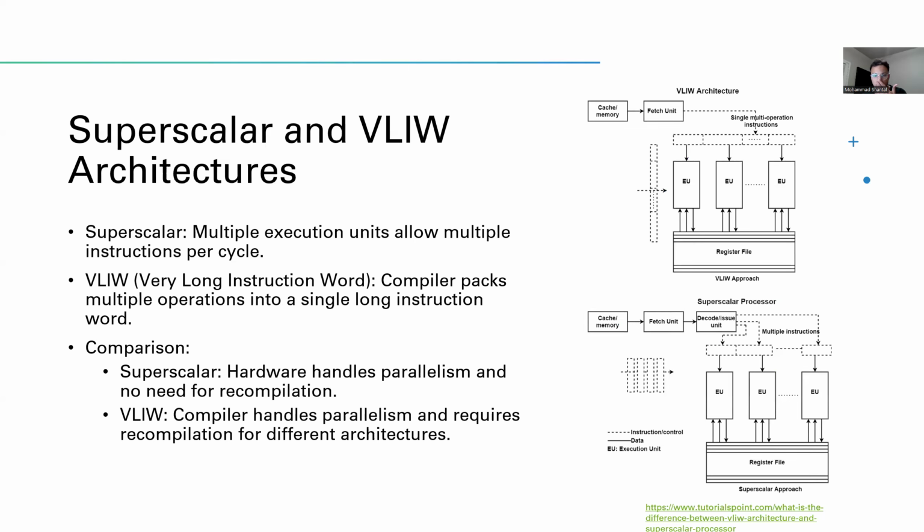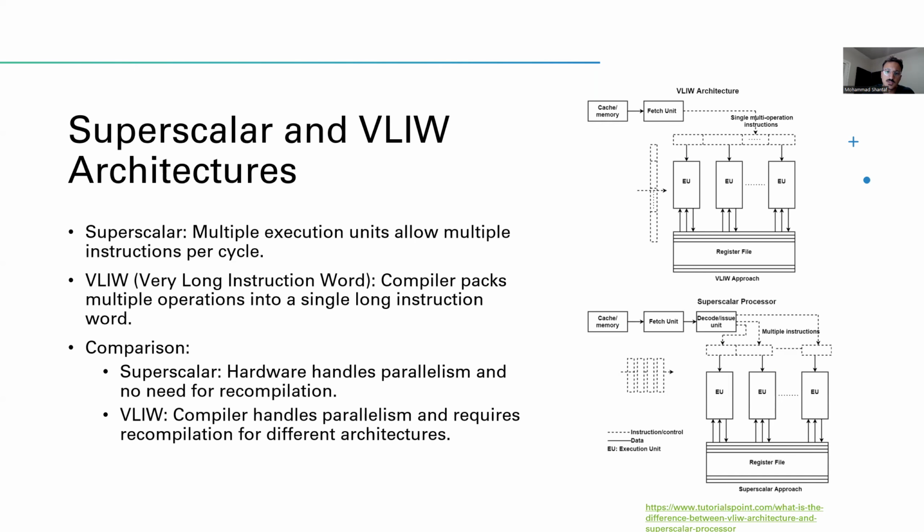As in the example on the slide, it shows that the VLIW goes through a shorter process than a superscalar. However, the superscalar does not require any recompilation, which is an advantage over the VLIW architecture. However, both are used in different operations.